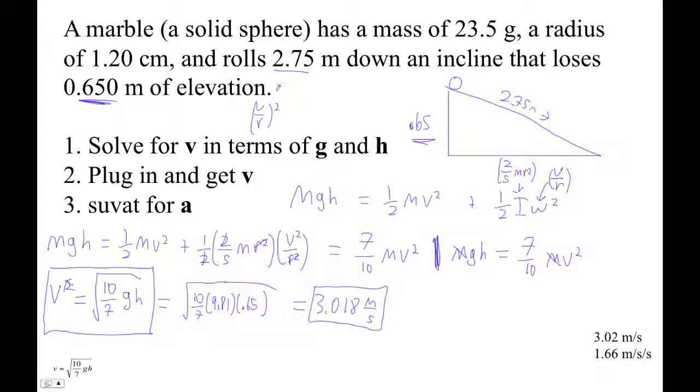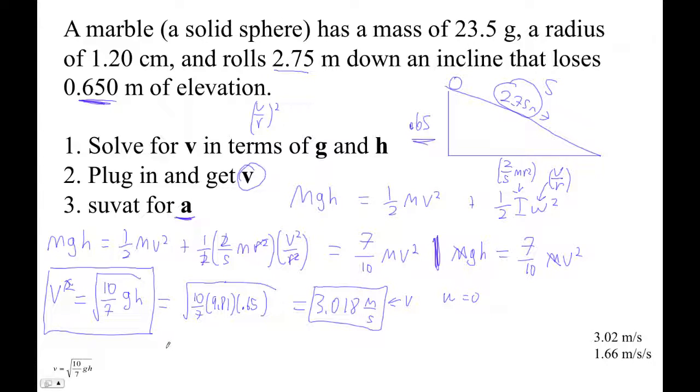Notice that we naturally get the velocity with energy. Energy never gives you the acceleration, so we've got a suvat for the acceleration, and we're going to do that. We know that that's s. This is our final velocity, and our initial velocity is 0.